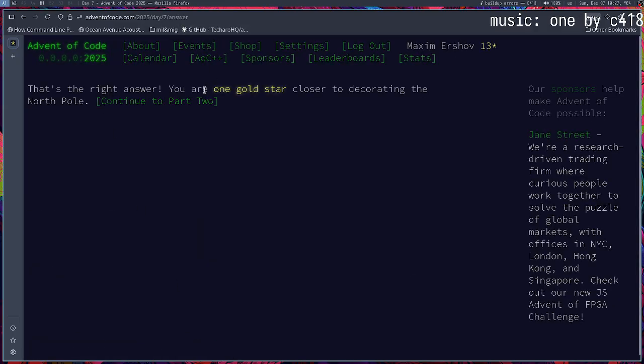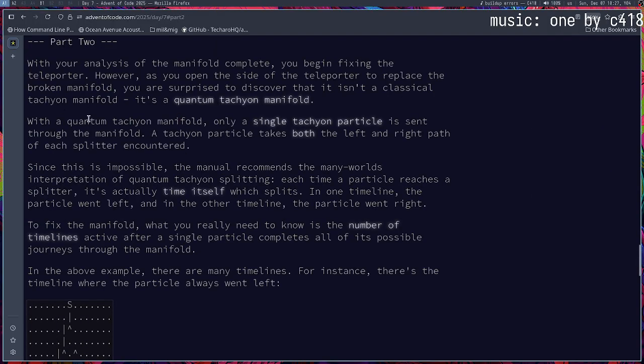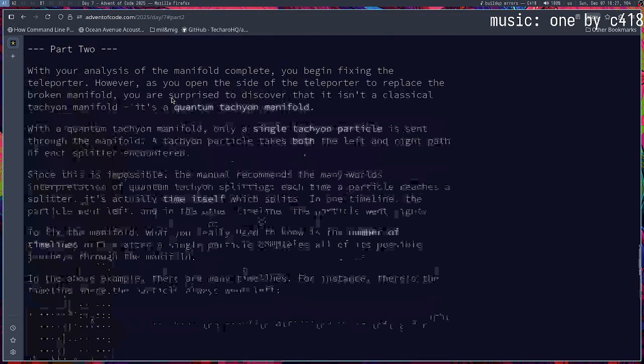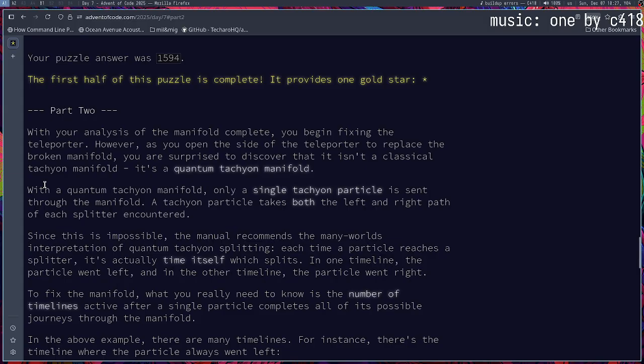You are 1 gold star closer to decorating the North Pole. With your analysis of the manifold complete, you begin fixing the teleporter. However, as you open the side of the teleporter to replace the broken manifold, you are surprised to discover that it isn't a classical tachyon manifold, it's a quantum tachyon manifold. With a quantum tachyon manifold, only a single tachyon particle is sent through the manifold.